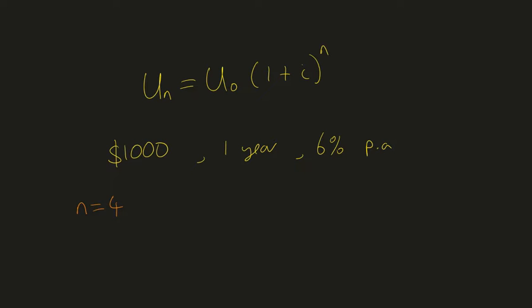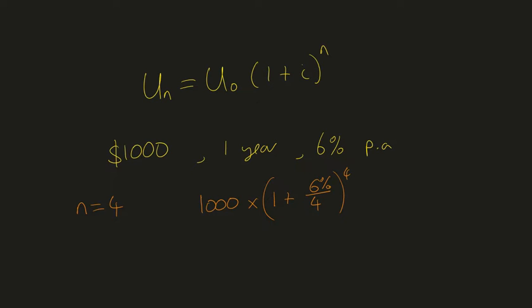Well, if N was 4, then we would still have our 1,000. We would be multiplying by 1 plus 6% divided by 4, to the power of 4.